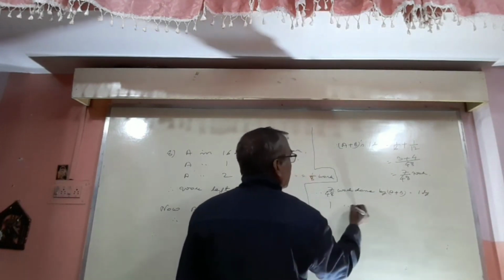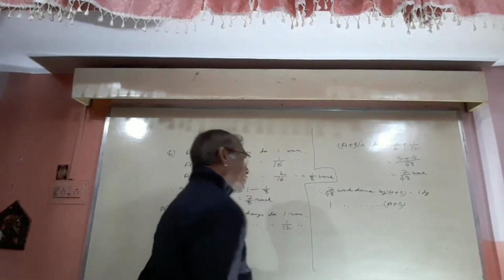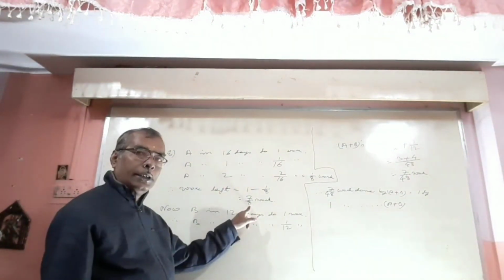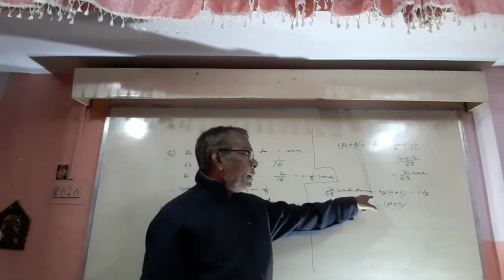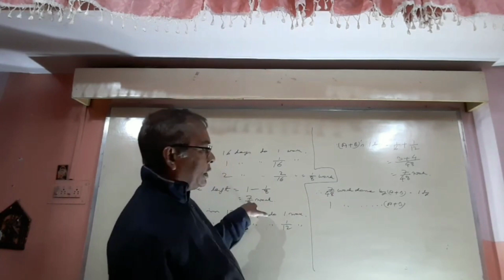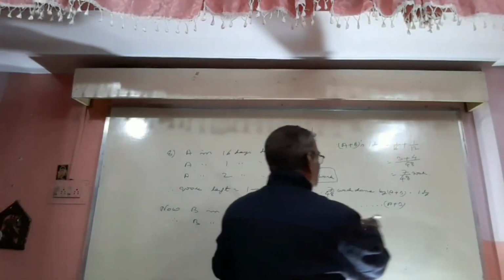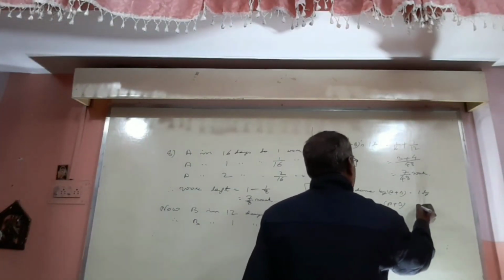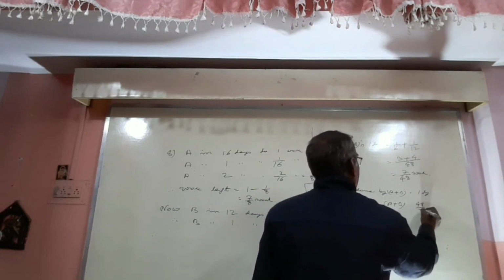So one work done by A plus B, because this much work they will have to finish, 7 by 8. So for that purpose I have written this way: this much work done by A plus B in one day, one work in how many days, because this much work has been left. So one work done by this A plus B is 1 divided by 7 by 48, that is 48 by 7 days.